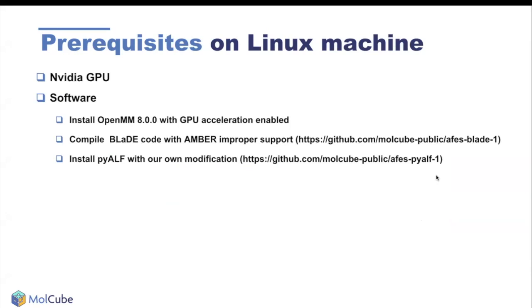Second is the standalone Blade program patched with Ember improper parameter support. Third is the adaptive landscape flattening ALF package, which controls the sampling in MSLD simulation. We have also made some modification to this code. The original code of the latter 2 packages can be found in Professor Ryan Haynes' GitHub repository.